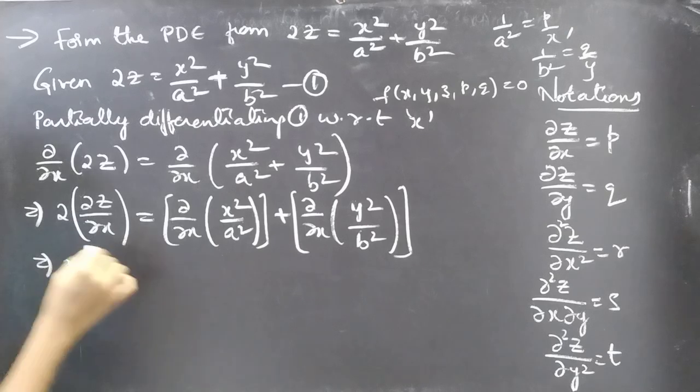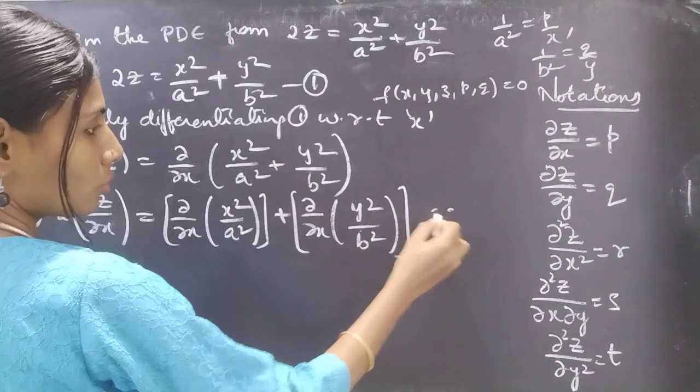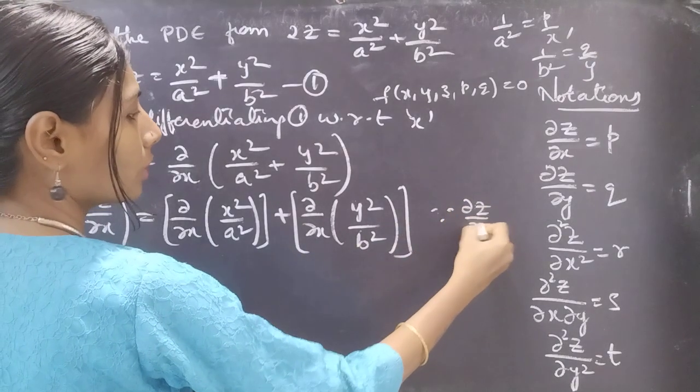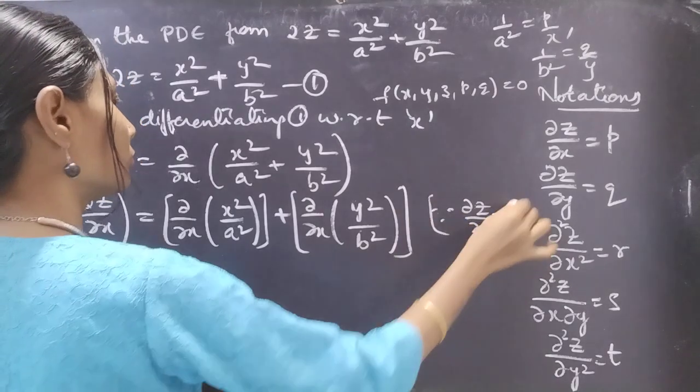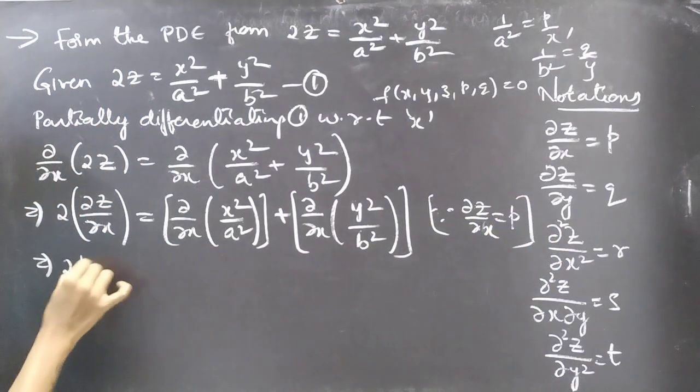This gives us 2 into, since ∂z/∂x equals p, so let's replace it by p.